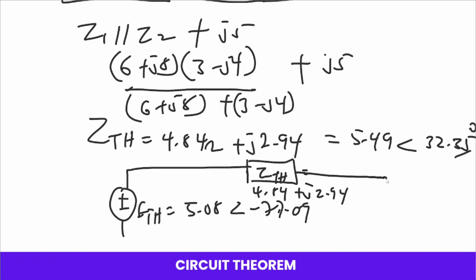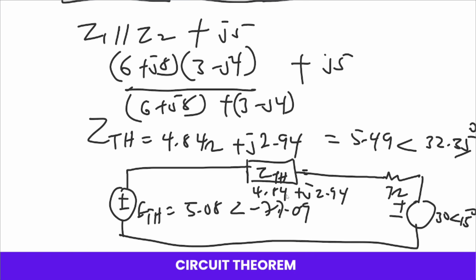All this with the load. Of course, we know the load is 7 ohms. And then we'll have our positive, negative here, that's 30 angle 15 degrees. So this becomes the end of the question.